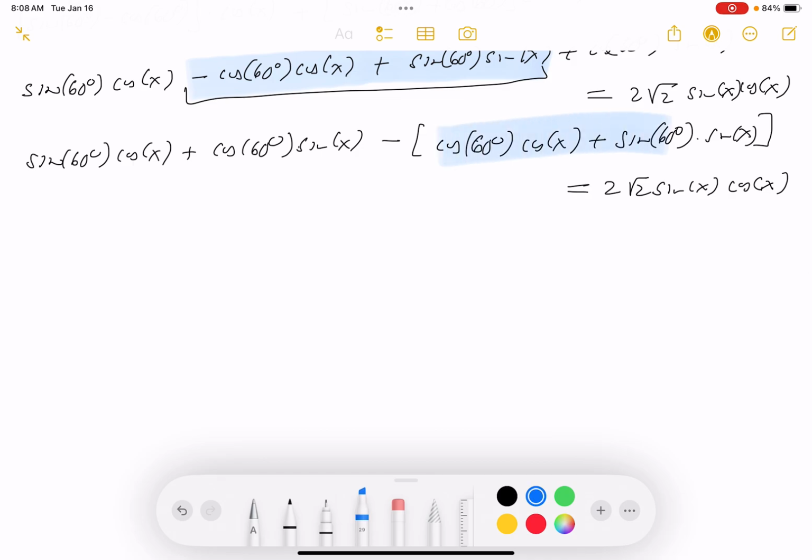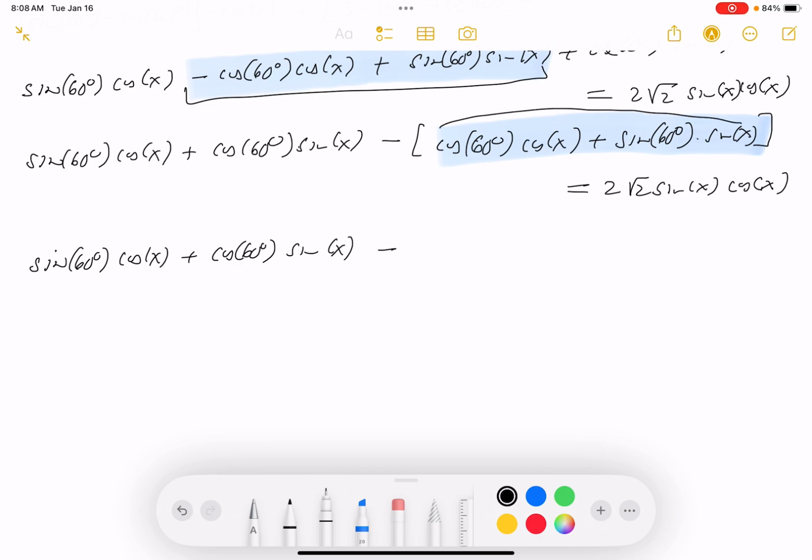So by recognizing something, I want to rewrite that, and then I'm hoping that things are going to come into place over here. So let's write the first guy down, sine 60 cosine x plus cosine 60 sine x. All right, let me go back over here, minus, and I recognize this thing as being, let's take a look at that.